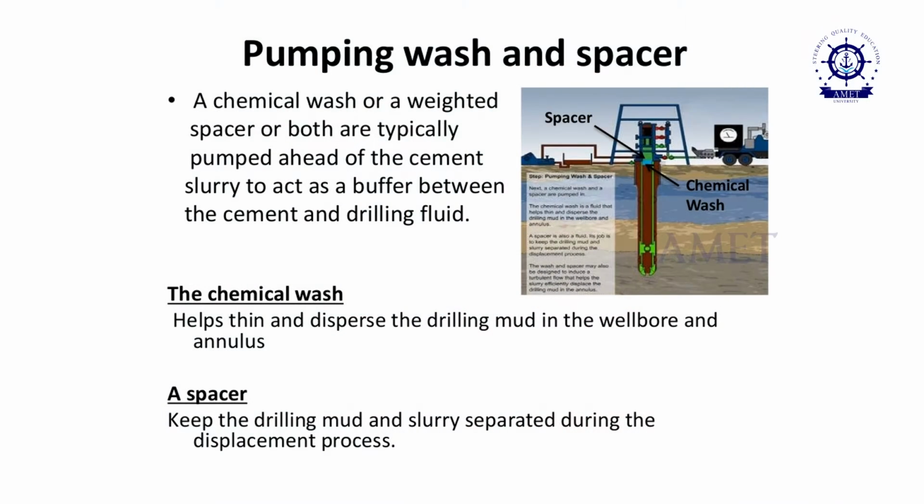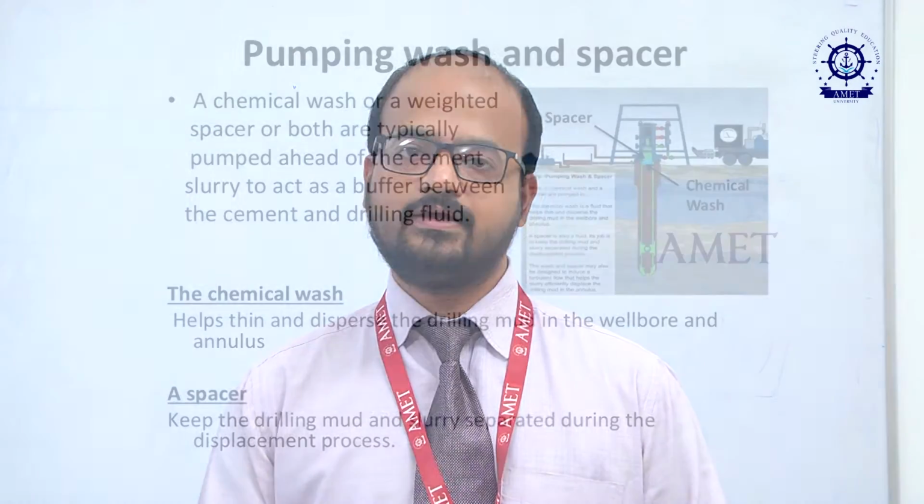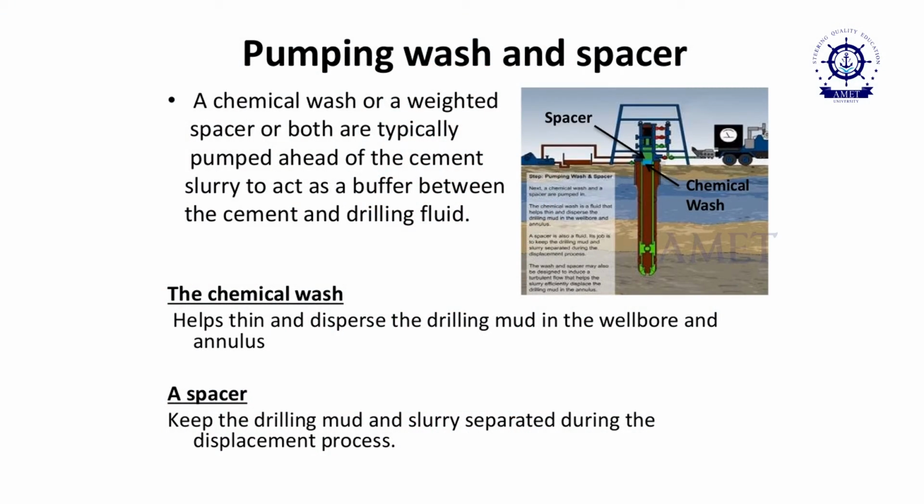Once the pressure test is done, then you have to wash our well. That wash is called chemical wash, because the drilling fluid in the annulus has a thicker cake. The thicker cake cannot be easily removed. If you want to remove that, first we have to disperse it.